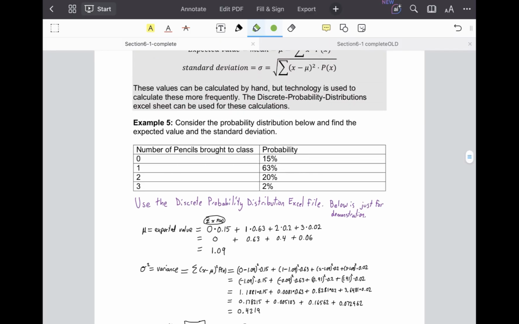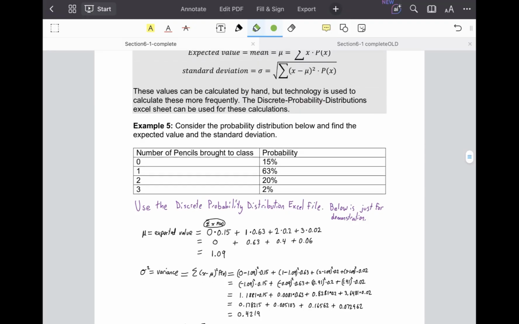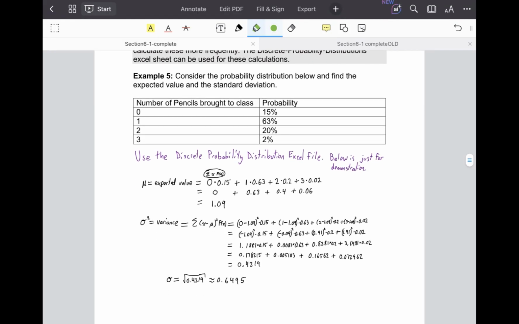So I want to show you just this example. It's more for reference. I don't want to go through it in detail, but it gives us a probability distribution. It's the number of pencils brought to class. So 0 is paired with 15%, 1 is with 63%, and so on.